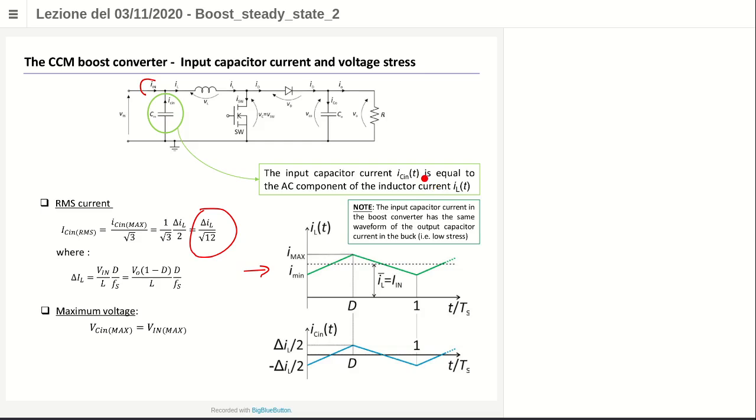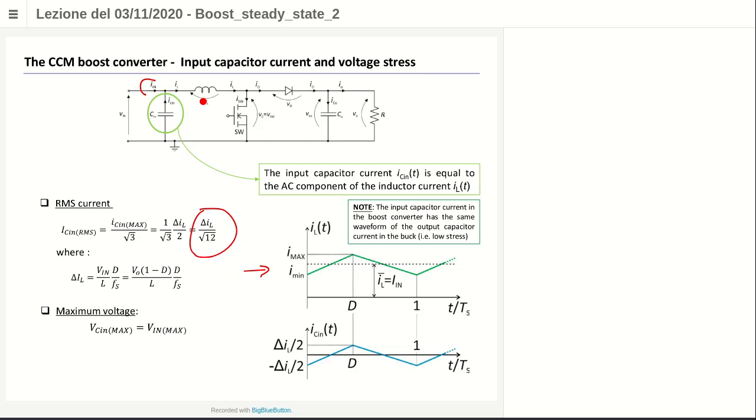And so the input capacitance here plays, in this sense, the same role that in the buck is played by the output capacitor. So the input capacitance is not stressed, due to the fact that the inductance L in the input side makes the current flowing from the input side not a pulsed current.